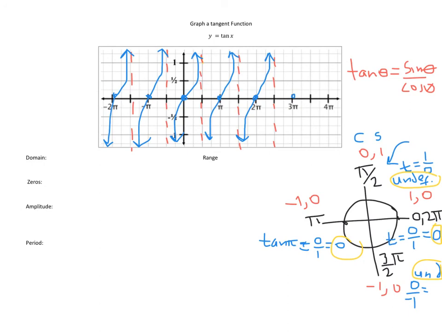And you can see here, I'm going to focus on the range. The range is from negative infinity to infinity, and you can see the amplitude is none, and the period, this cycle repeats every pi.